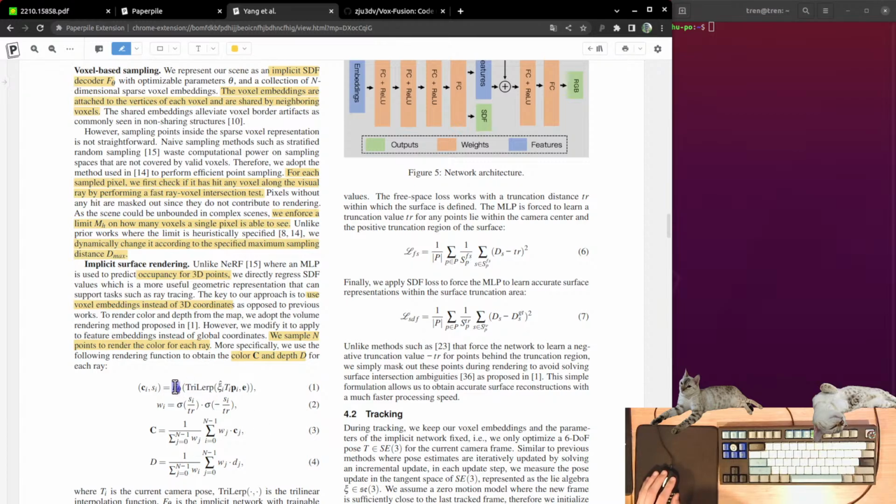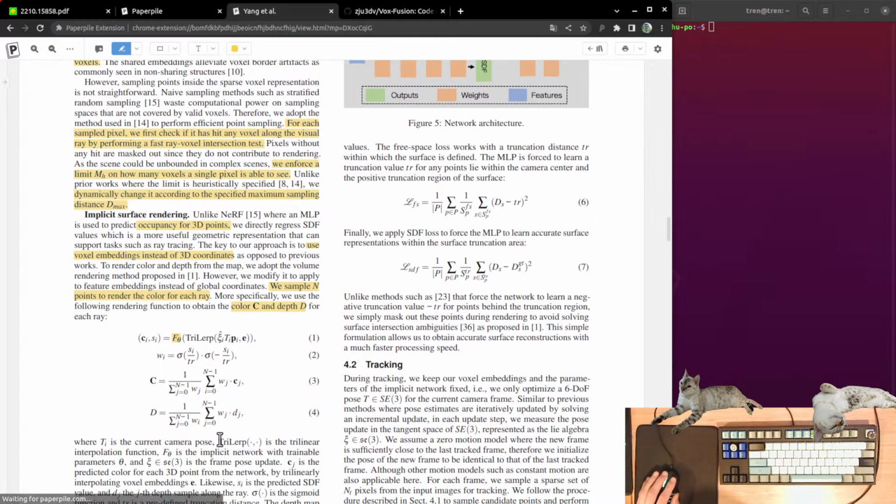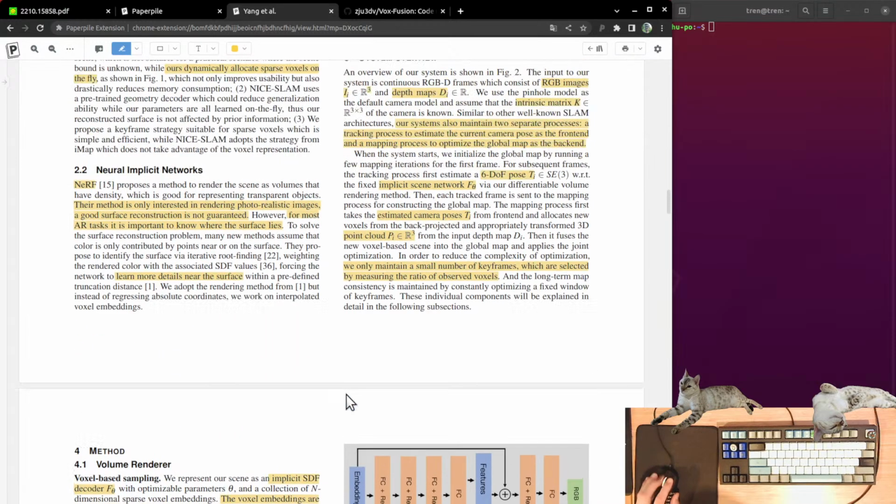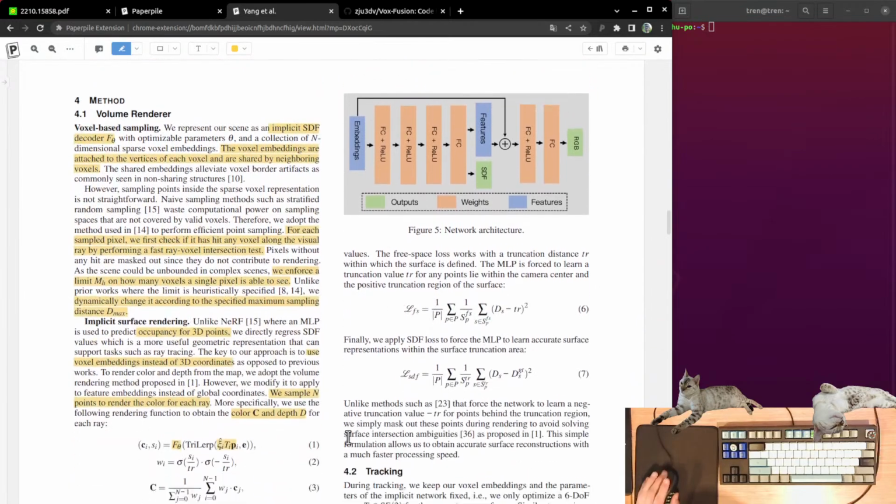Okay, so this is the neural network. They're giving it a tri-lerp here. Tri-lerp is the trilinear interpolation function, which itself is receiving E, T_i, P_i. E is the voxel embeddings. T_i, we saw earlier, is the estimated camera pose.